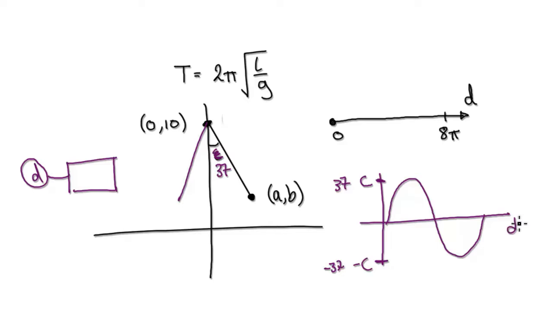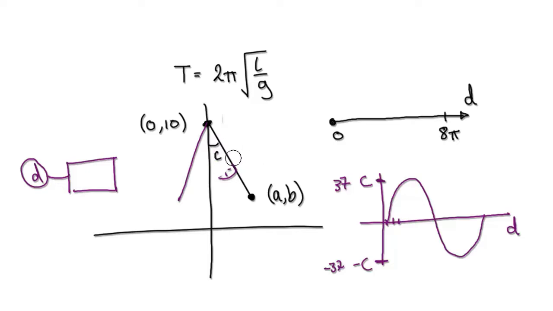So as time or D moves on, you can see 37, minus 37, positive 37, minus 37. So by using the sine graph, we are really simulating the positive 37, negative 37 oscillation.